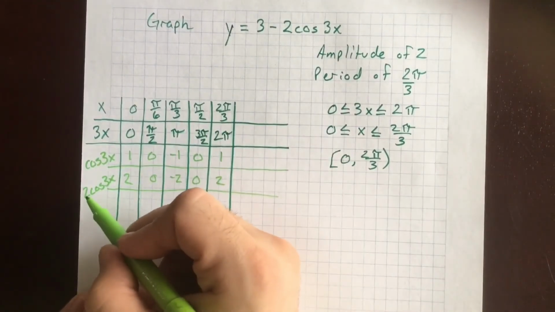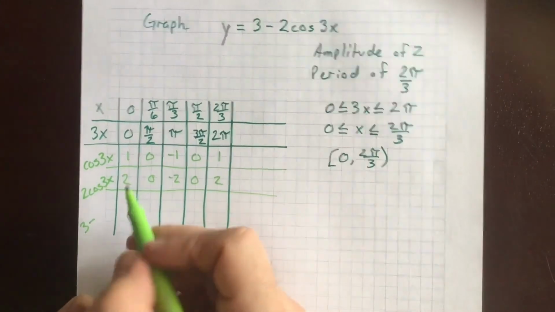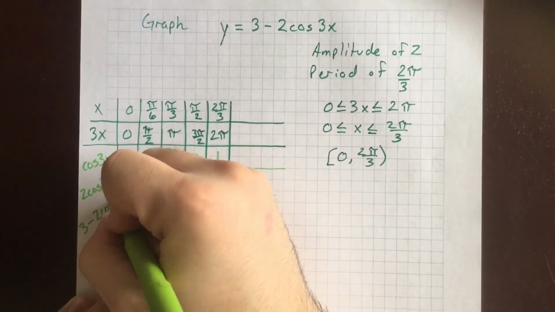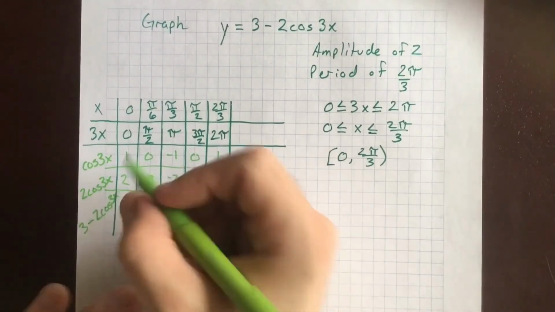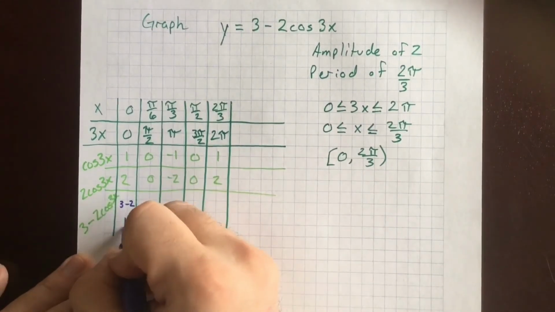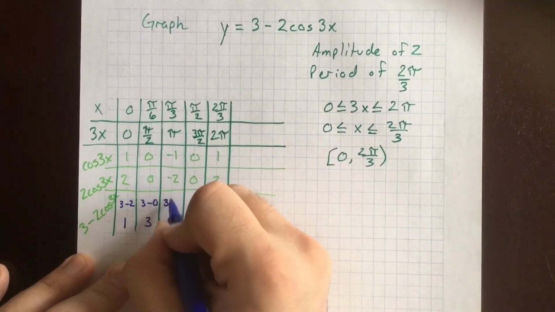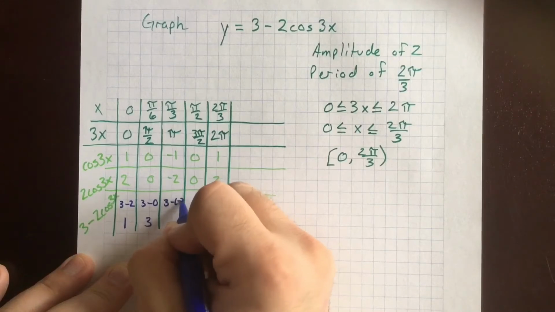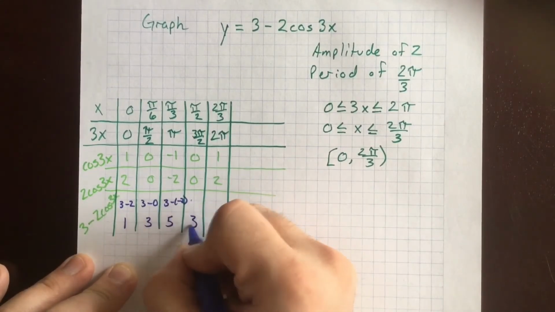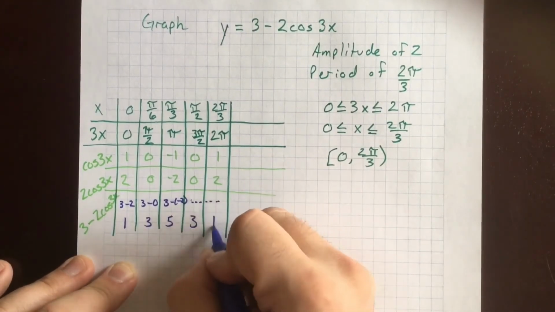The reason I don't use the negative here is I'm going to do 3 and simply subtract the previous line. So I can say 3 minus 2, which is 1. 3 minus 0, which is 3. 3 minus negative 2, which is going to be positive 5. 3 minus 0 is 3, and 3 minus 2 is 1.